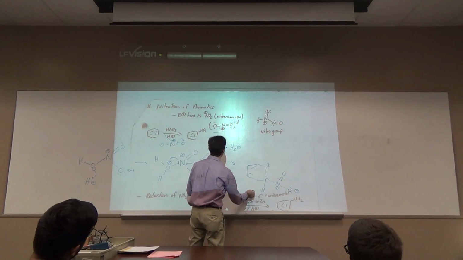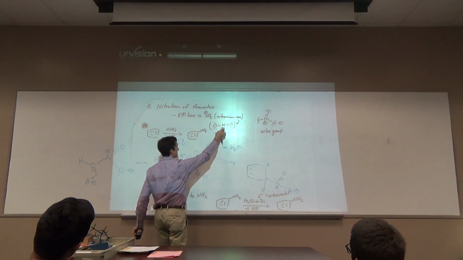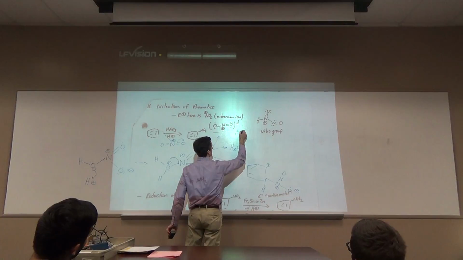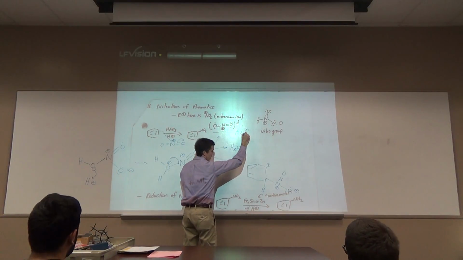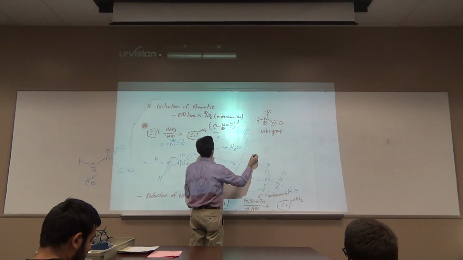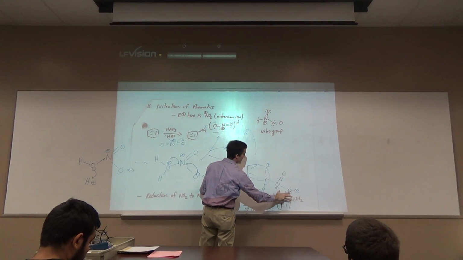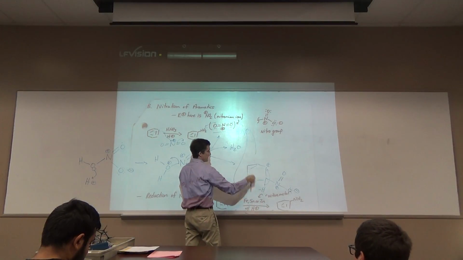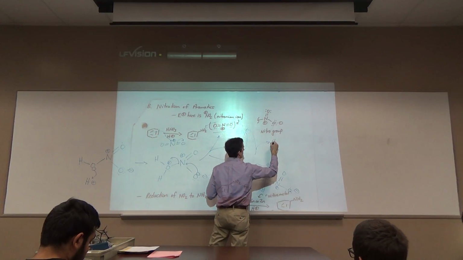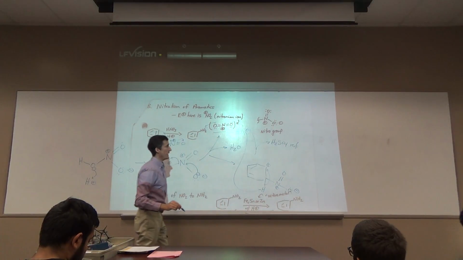Then something takes the H. Well, there's a minus sitting here, sitting with this. What is it? Maybe HSO4 minus. And this guy takes the H. These electrons move in. You get your double bond. Your NO2 group is there. And right here we reform what? We reform our acid catalyst.